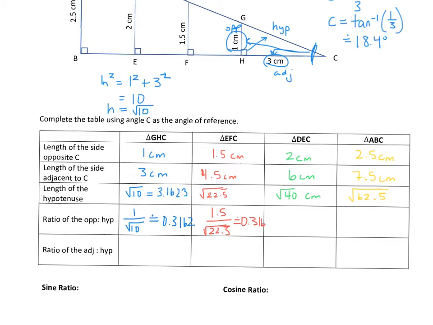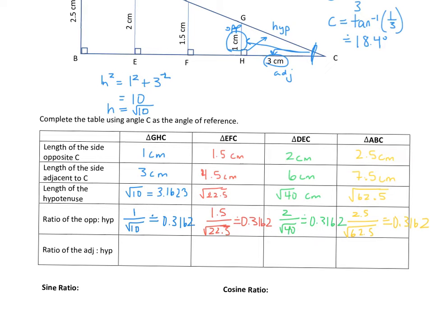And that should make sense because these are similar triangles, which we explained why in the last video. And then the second last one here also ends up being 0.3162. And the last one as well, when we do 2.5 divided by the square root of 62.5, we end up with approximately the same amount, 0.3162.